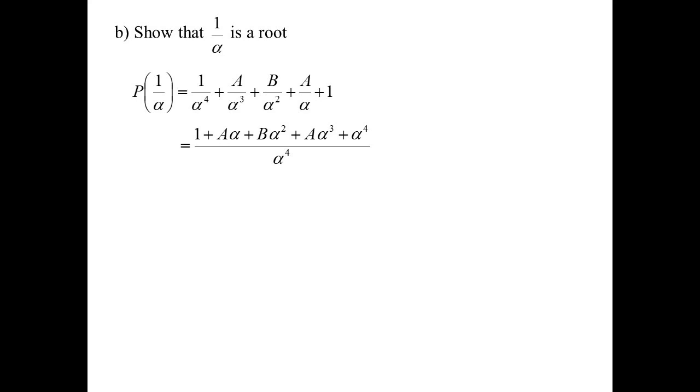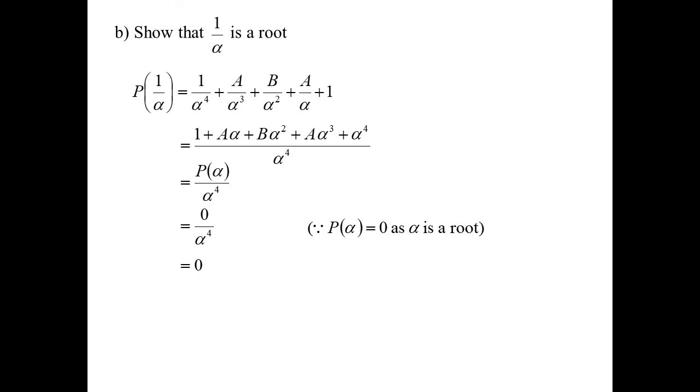Okay, we're now going to show that the reciprocal of alpha is also a root. Well, I'll sub that in. What do I get? 1 on alpha to the power of 4 plus a on alpha cubed and so on. Well, let's write that all as one fraction. But have a look at the top of the fraction. That is polynomial alpha. But we said alpha was a root. So polynomial alpha must equal 0.